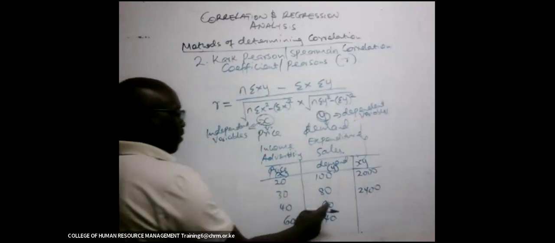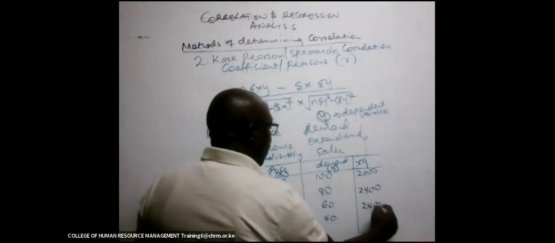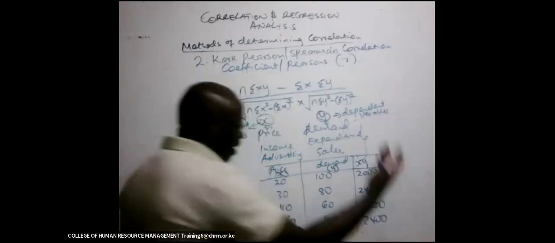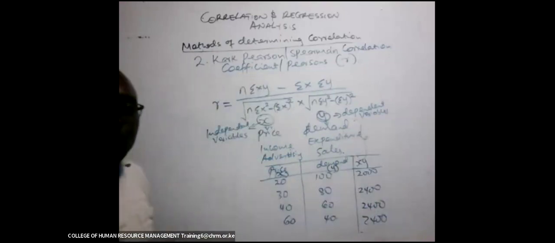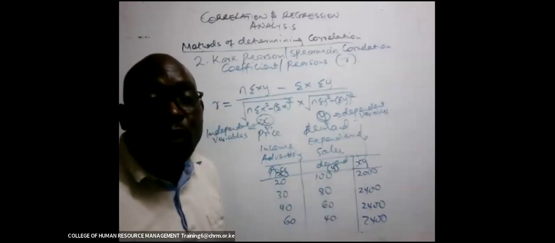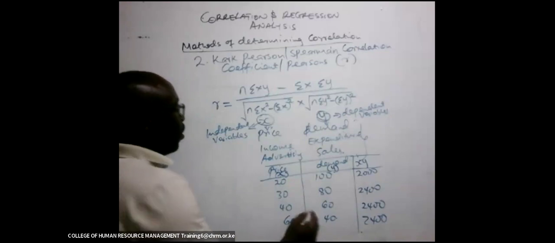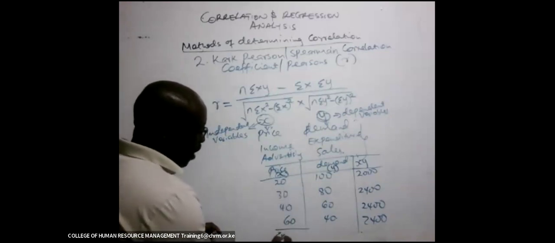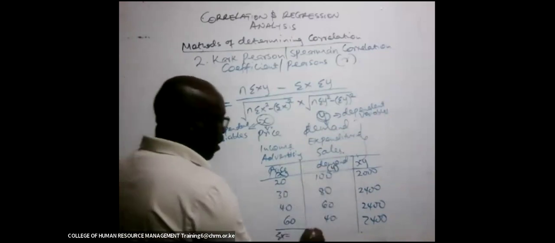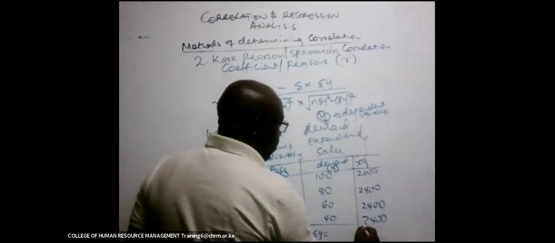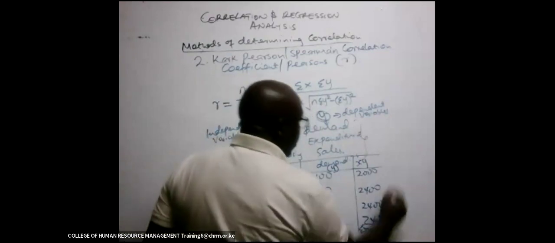When it is 40 and 60, it will be another 2400. When it is 60 and 40, it is another 2400. Just an illustration. So XY simply means that for every value of X, you multiply by the corresponding value of Y. And then you add them. If you add all the X's, you get the sum of X. If you add all the Y's, you get the sum of Y. If you add all the XY's, you get the sum of XY.